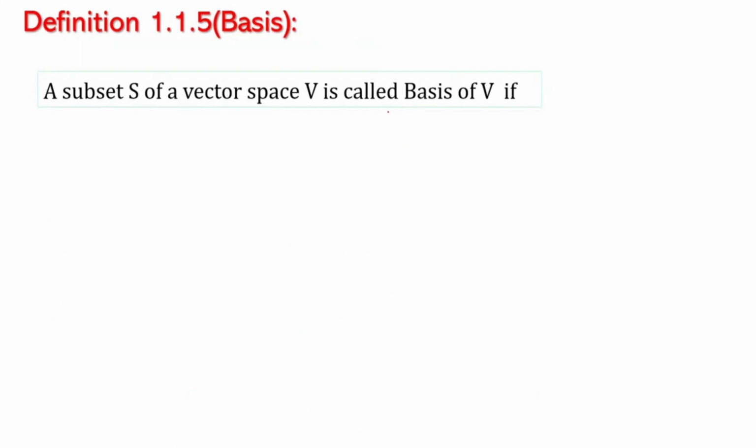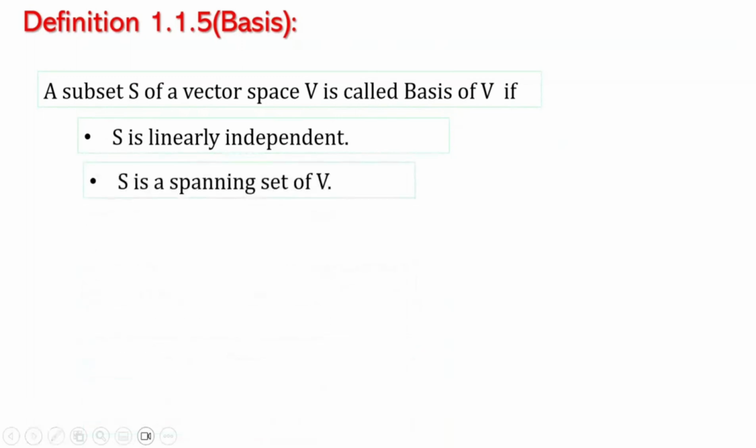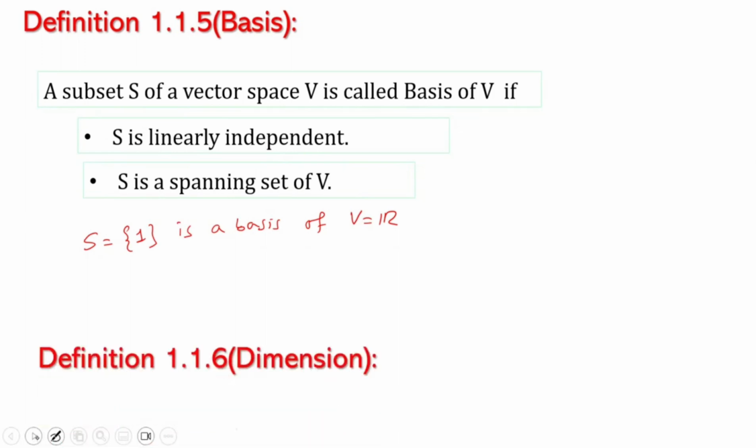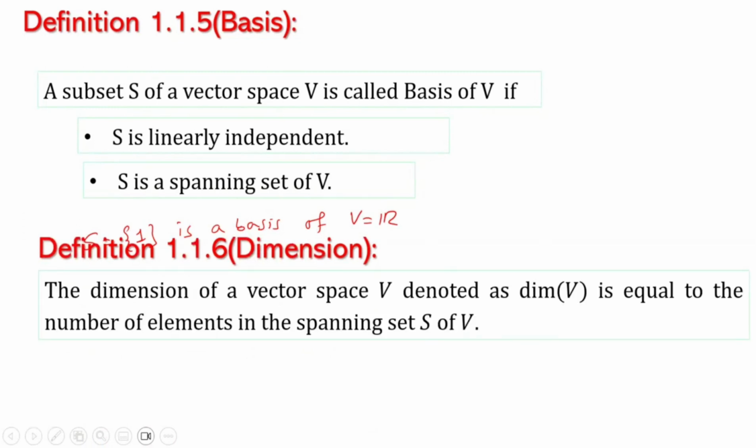A subset S of a vector space V is called a basis of V if S is linearly independent and S is a spanning set of V. Therefore S equal {1} is a basis of V equal R. The number of elements in a basis is known as the dimension of V. Since S equal {1} is the basis of V equal R, as we discussed just above, the dimension of R is equal to 1.